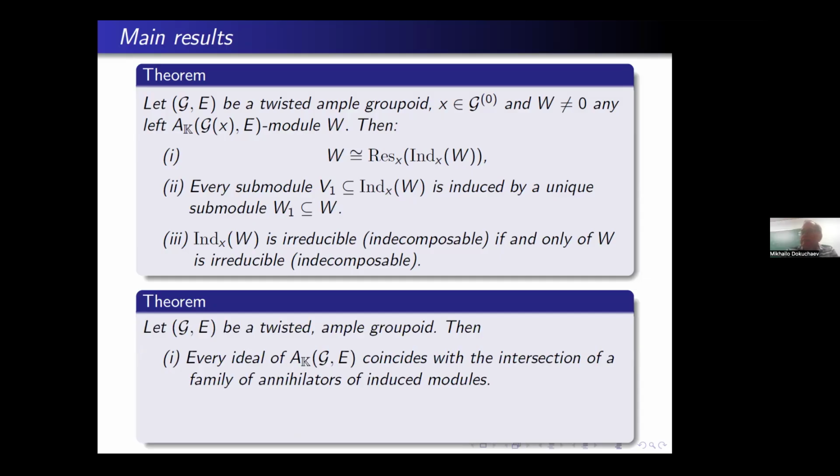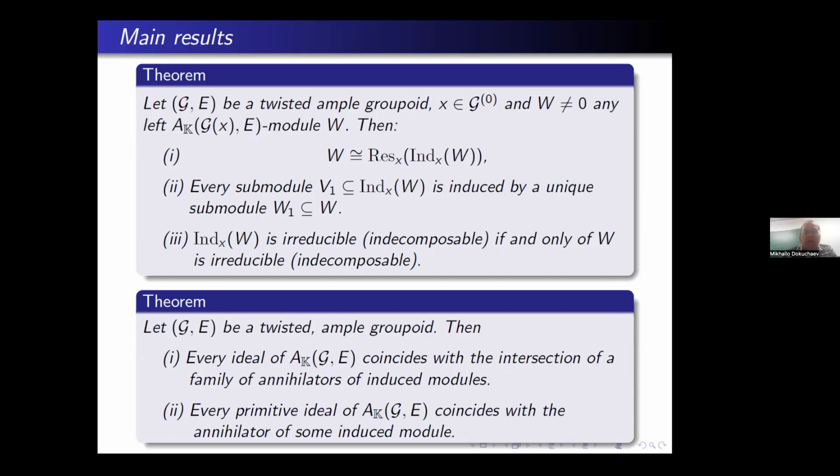And finally, again we have a twisted ample groupoid. We apply our result to ideals. Every ideal of this Steinberg algebra coincides with the intersection of a family of annihilators of induced modules. And any primitive ideal of the Steinberg algebra coincides with the annihilator of some induced module.